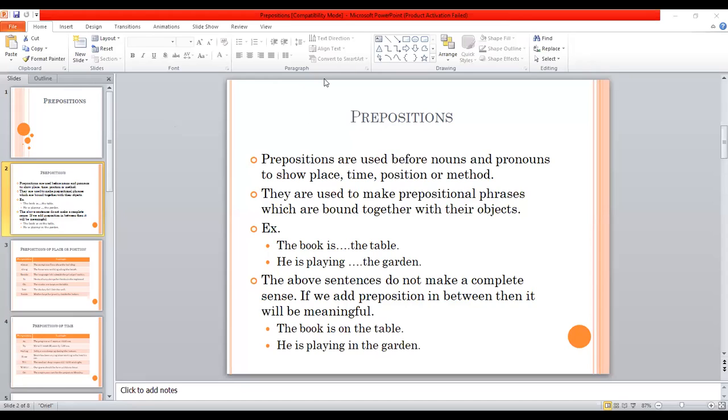I think we were learning prepositions. Yes, sir. Okay, so let's begin one more time. We will just go through it. I don't know exactly whether we closed it, but once again, charts were there.